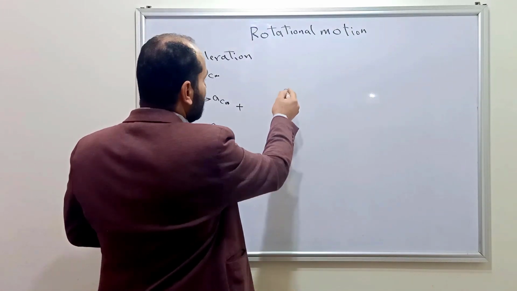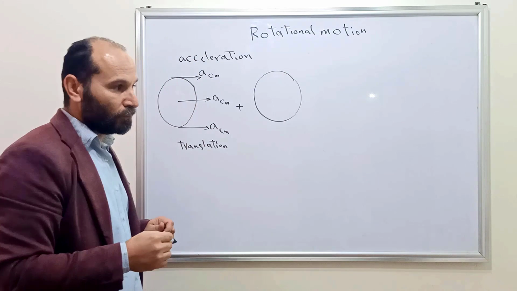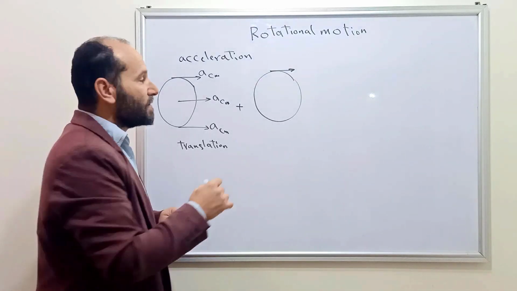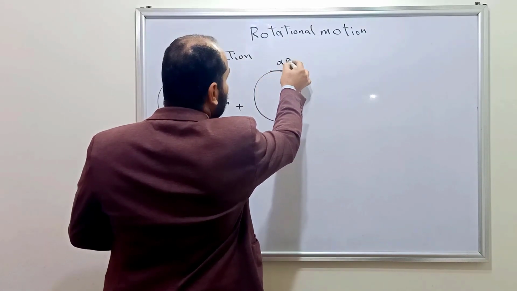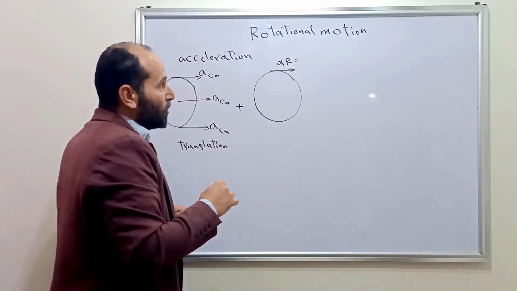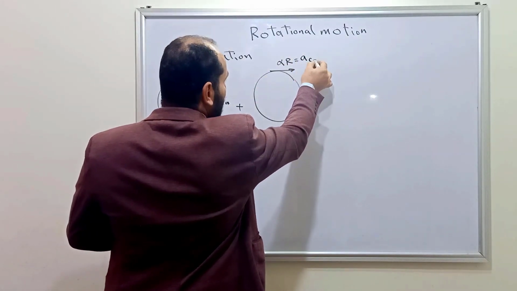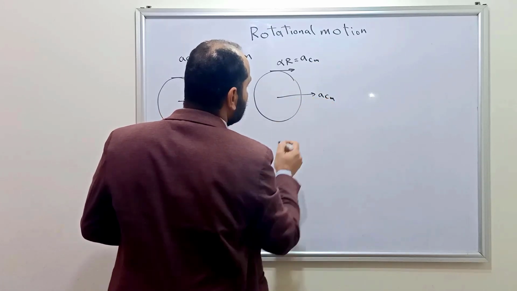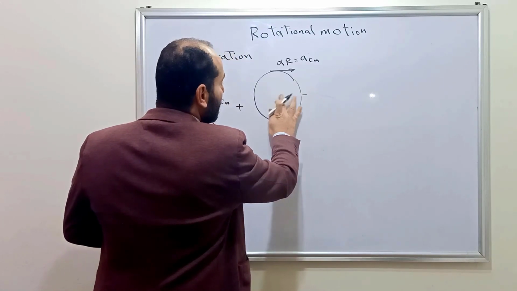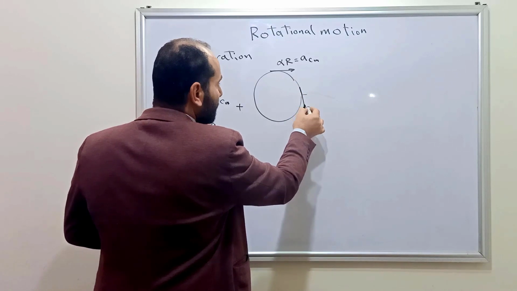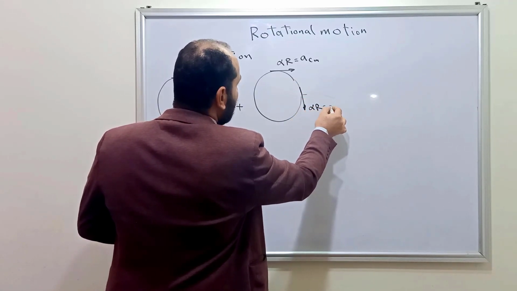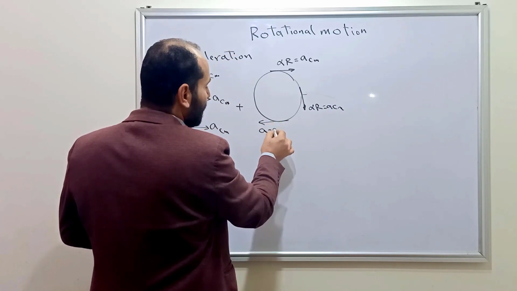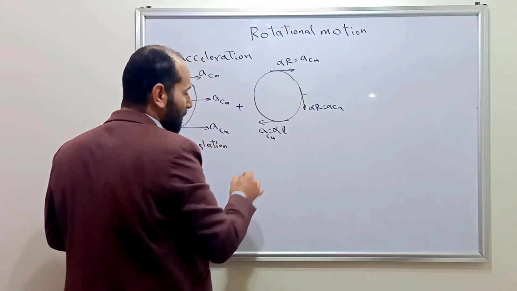If we rotate this circle, we have a tangential acceleration equal to alpha r in pure rotation. Alpha r equals ACM, so here alpha r equals ACM, and here A equals alpha r, ACM equals alpha r.